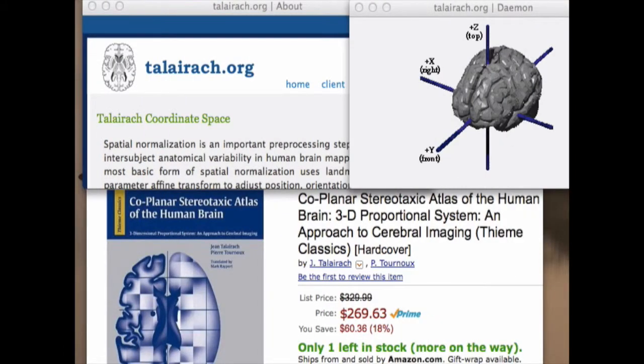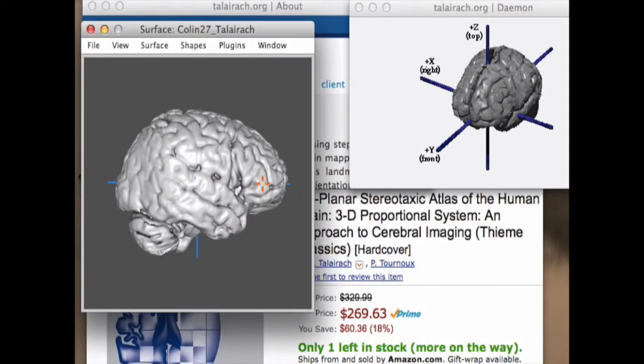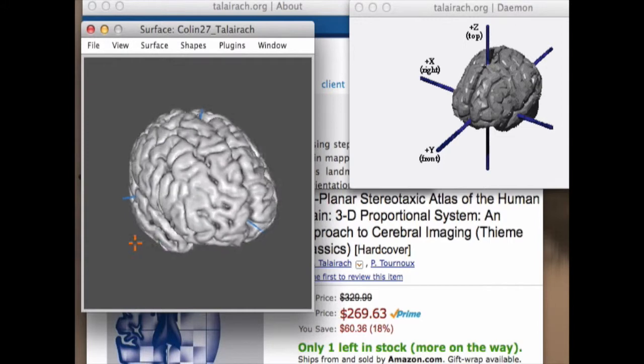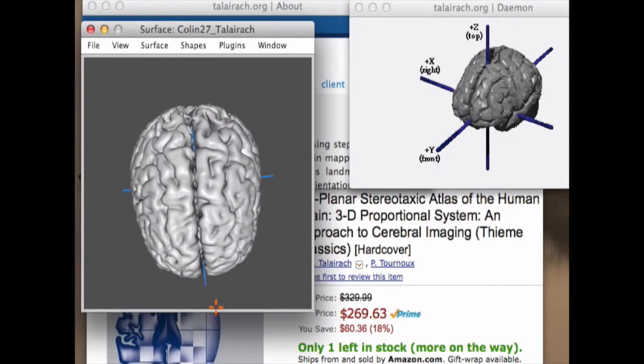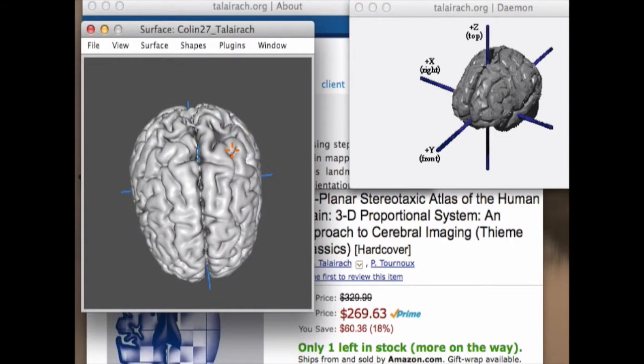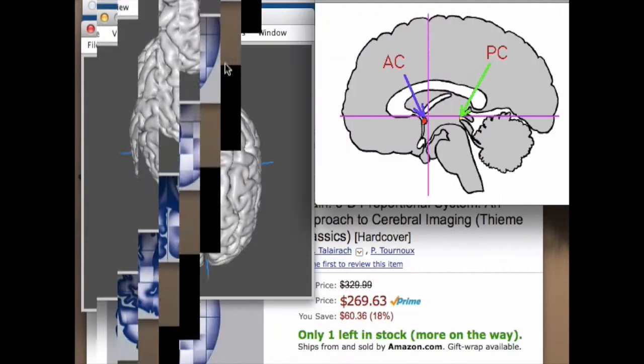The Talairach reference space was developed in the 80s. It provides an XYZ coordinate system in a standardized brain space by developing a registration system that aligns several anatomical landmarks in a precise way. The first landmark to find is the mid-sagittal plane, the space between the two hemispheres. The y and z axes are oriented within this space. Next, the ACPC line is found.